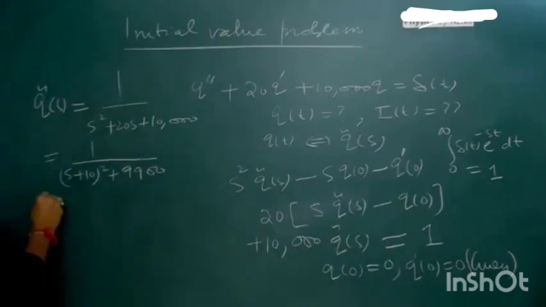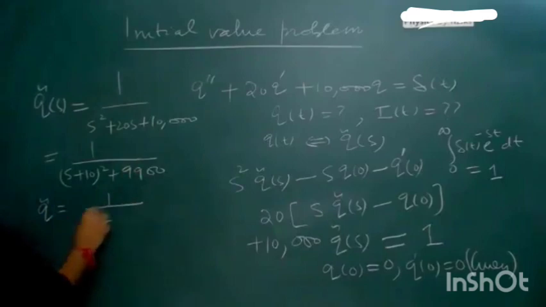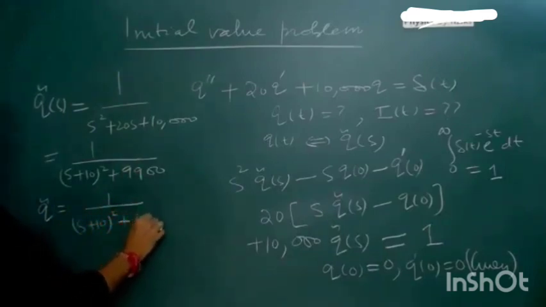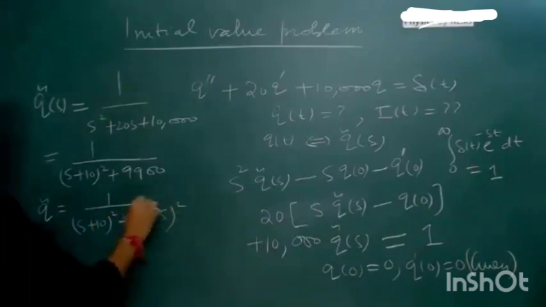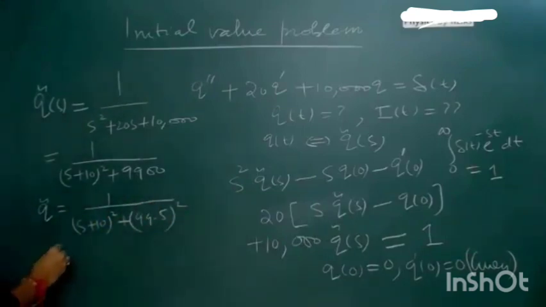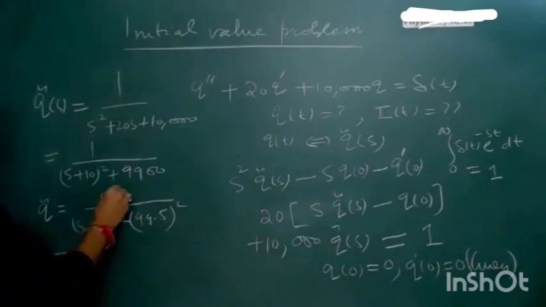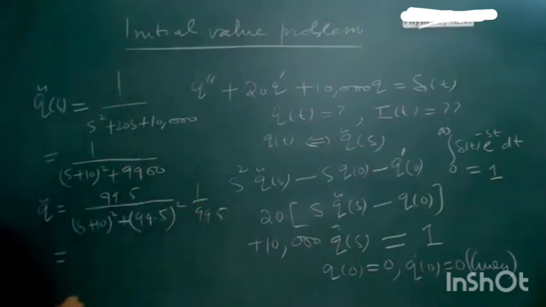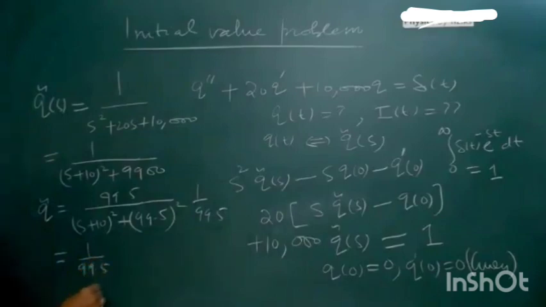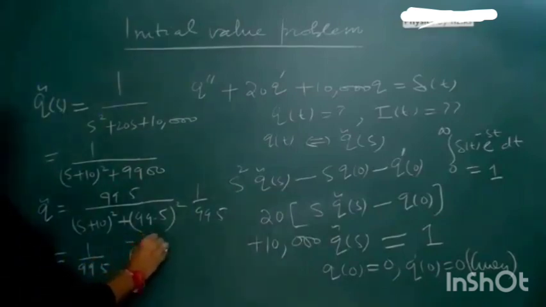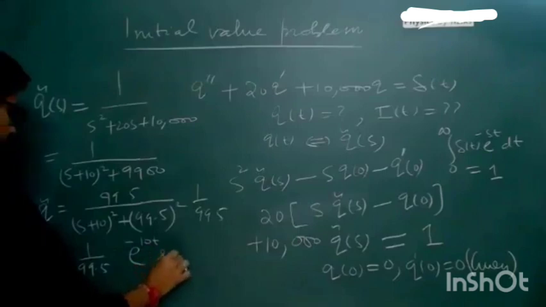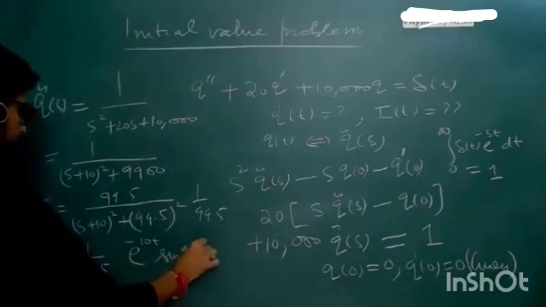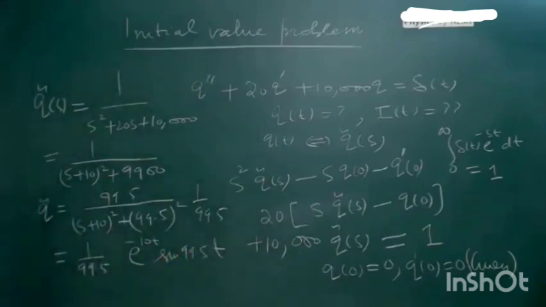So this will become 1 upon S plus 10 squared plus 99.5 squared. So this will become 99.5 divided and 99.5 multiplied. So it will become 1 upon 99.5 into e to the power minus 10t sine of 99.5t. This is the solution.